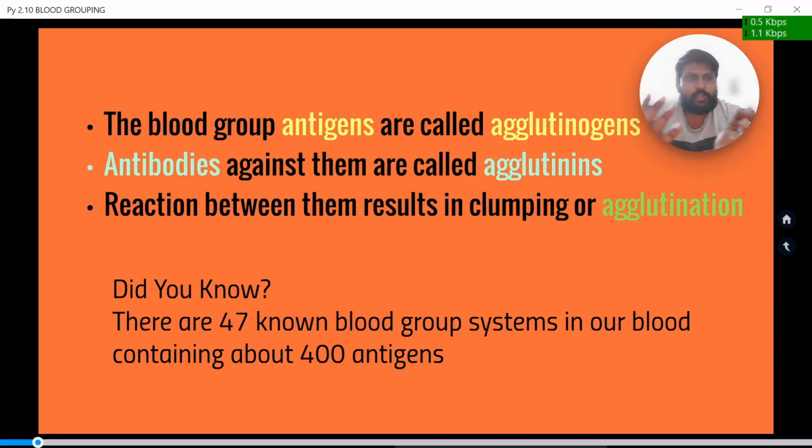Just as an intro fact, as we are speaking in November 2025, two new blood group systems have been added. Until 2024, we had around 45 known blood group systems, and in 2025 two more new systems have been added.